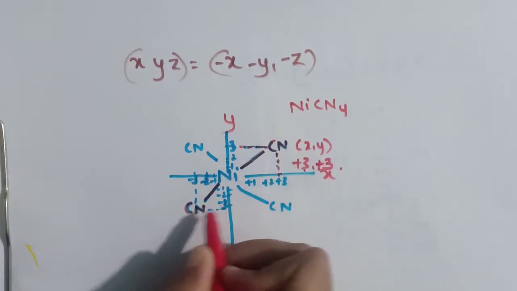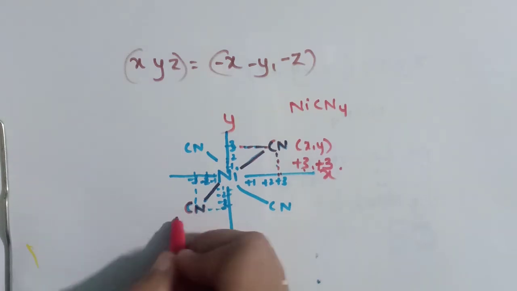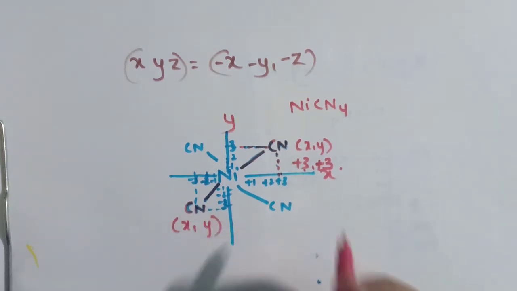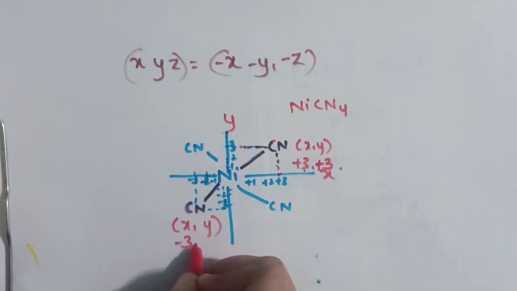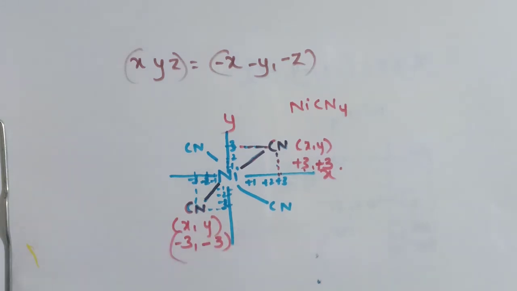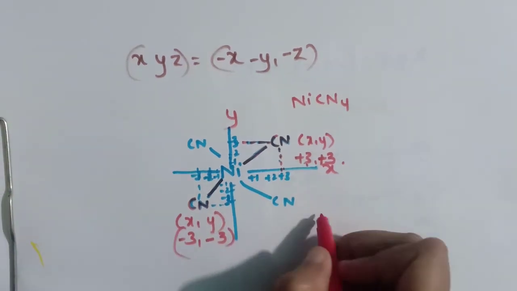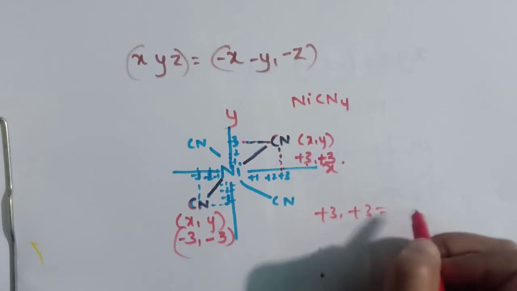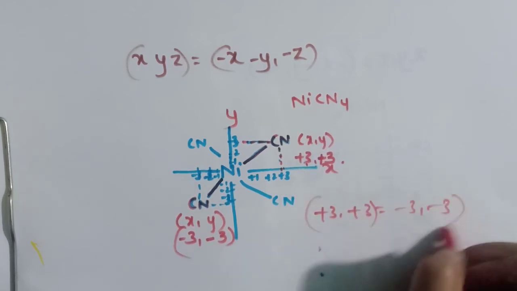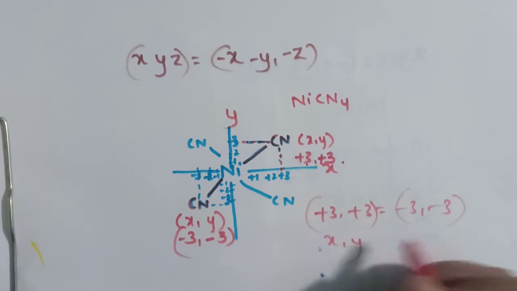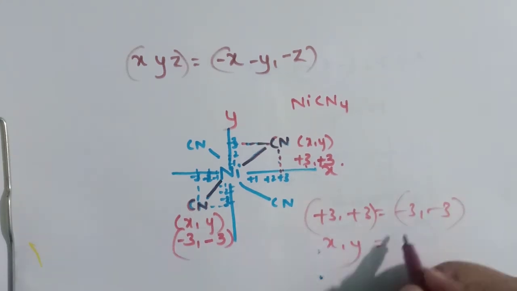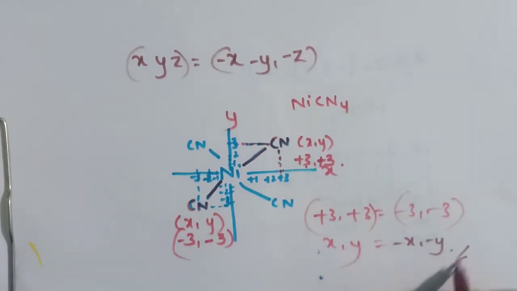Let's consider x and y again. Here x has the value minus 3, and y also has the value minus 3. See, what happened is that plus 3 and plus 3 are converted into minus 3 and minus 3. That means x, y are converted into minus x and minus y in this center of inversion.